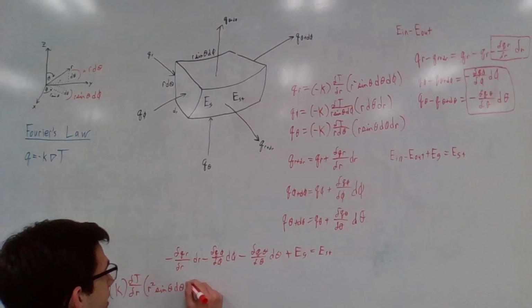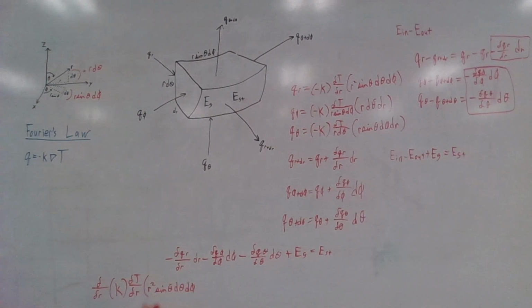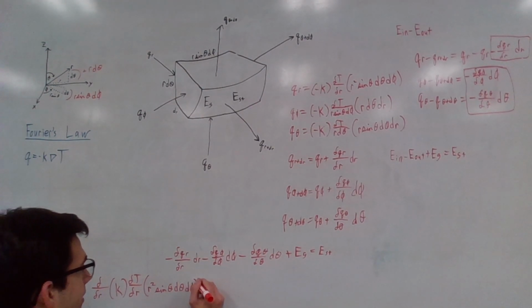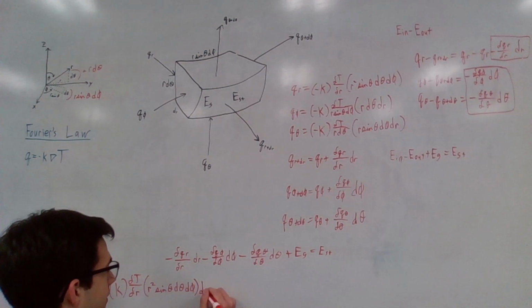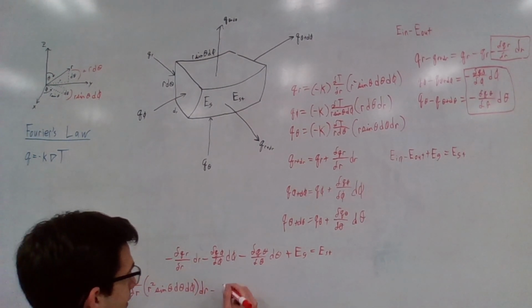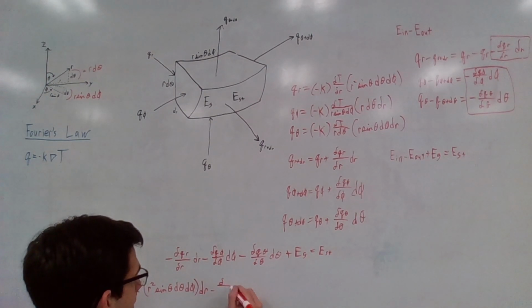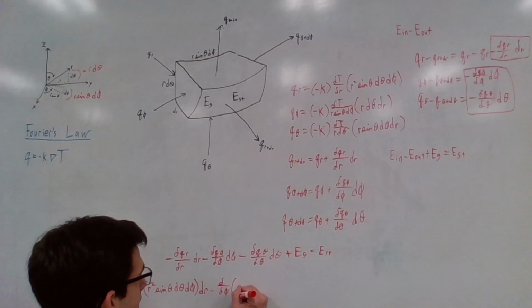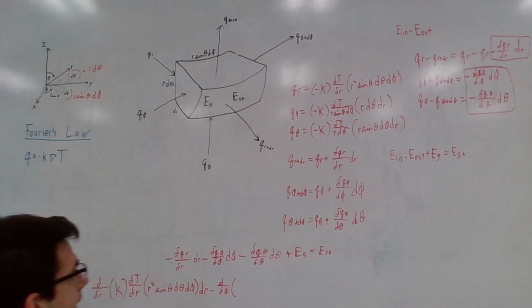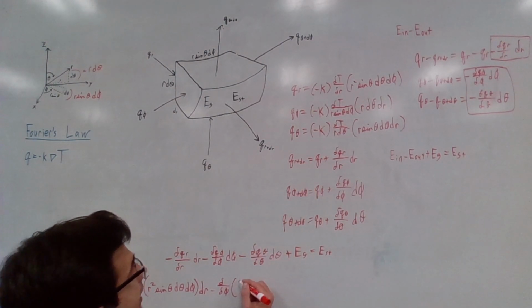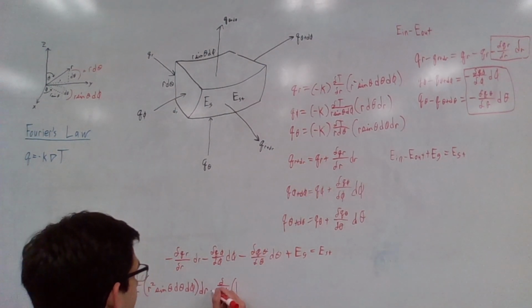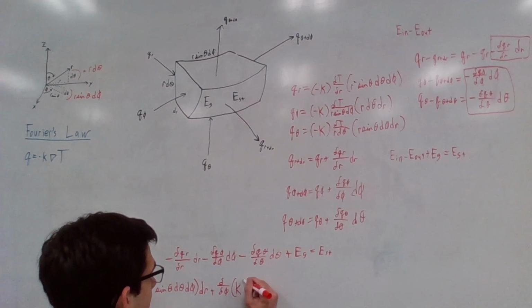And remember, all that is going to be multiplied by our dr here. All right, let's go on to the next term. Partial with respect to phi. All right. And what we're going to do is plug in our Q phi there, which I said we're going to make that a plus, so thermal conductivity constant.